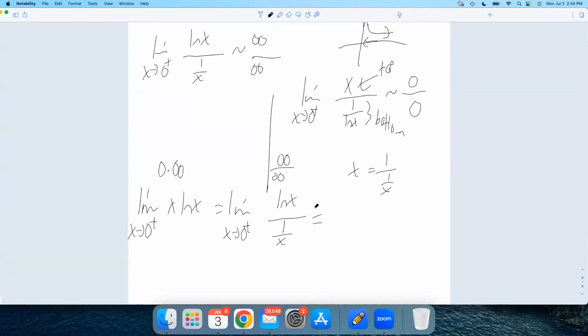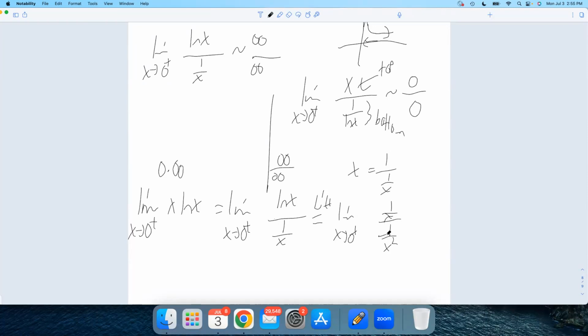So this limit, using L'Hopital's, the derivative of natural log of x is 1 over x. The derivative of 1 over x would be negative 1 over x squared. Now, I've seen this happen before. I'm literally almost done.